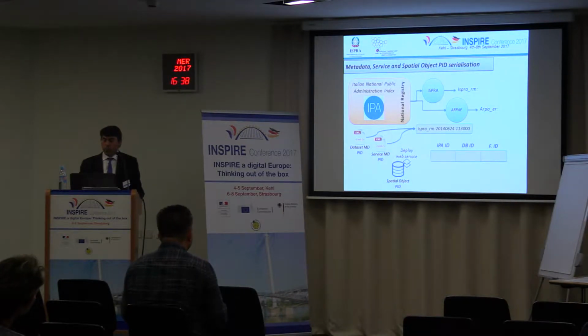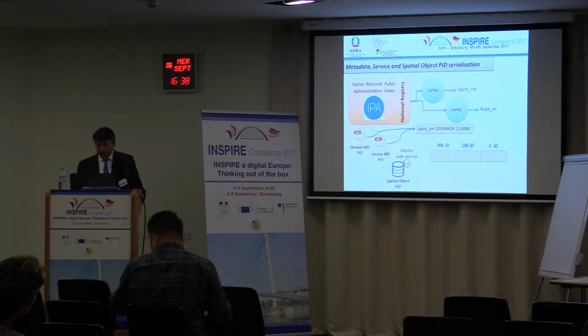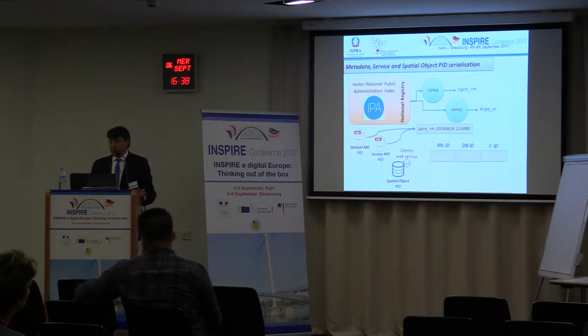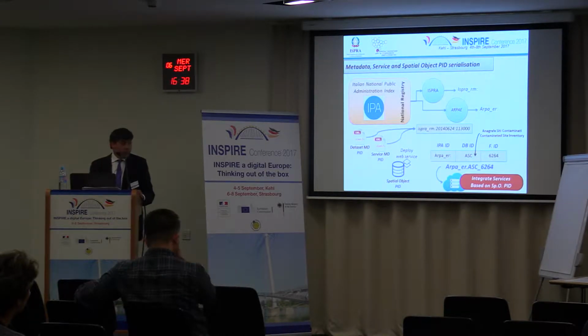But if you look into the spatial object, we have to create new rules in some way. We have the public administration identifier, we have a database identifier, and we have a feature identifier. So, in some way, we have created a rule to create a persistent identifier for each spatial object, and we're using this one to integrate in a system.